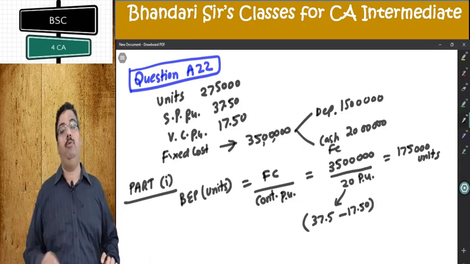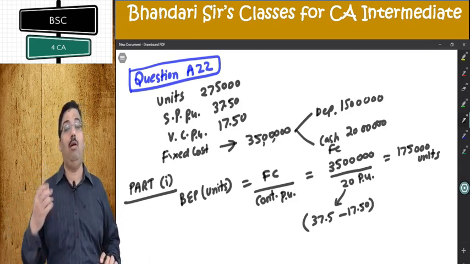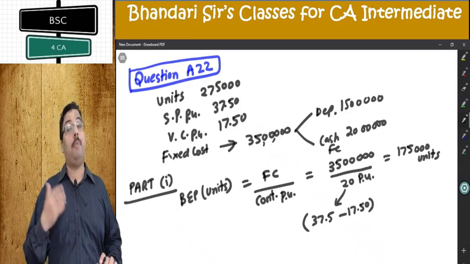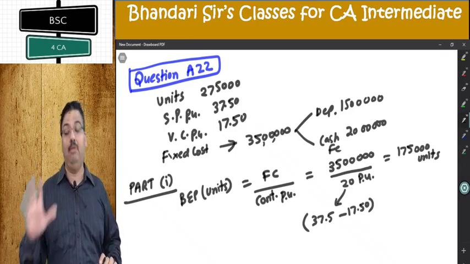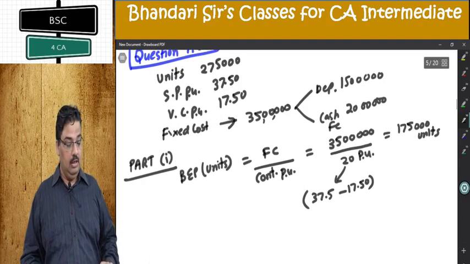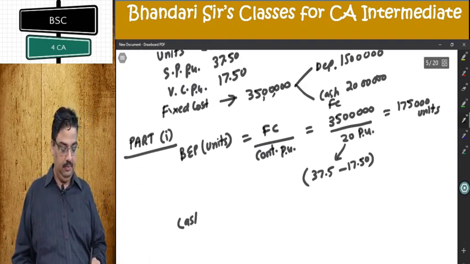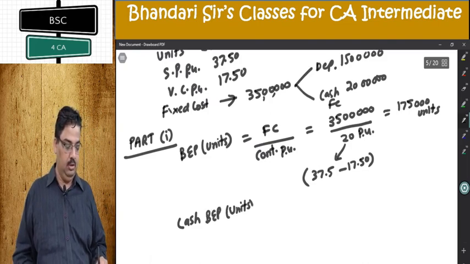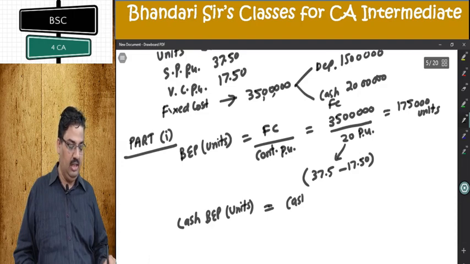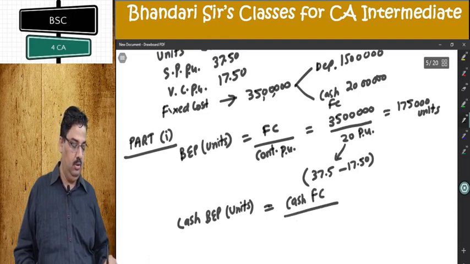Now another thing wanted in part 1 only. Cash break-even point. We have not talked this concept at all. It was surprise to people who appeared in that particular exam. It's derived from this only. Cash break-even point units is equal to cash fixed cost divided by contribution per unit.